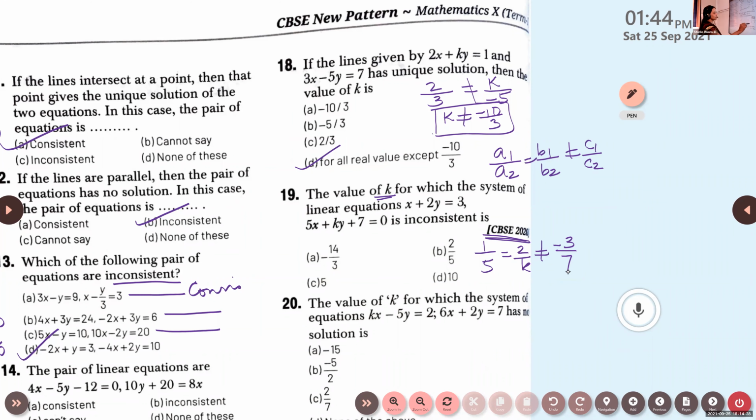From the first part, what is the value of K? What is the value of K?